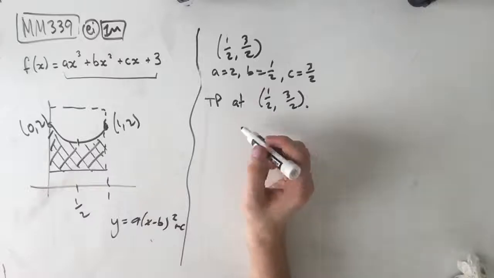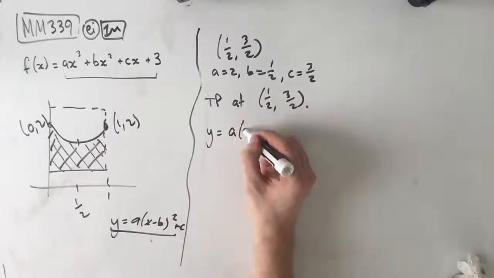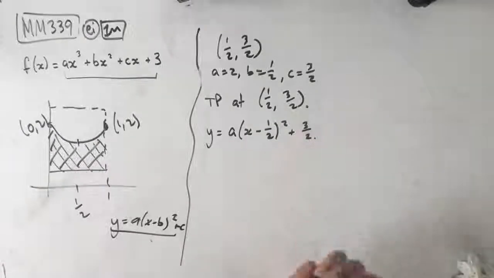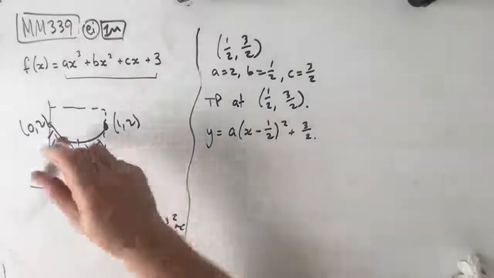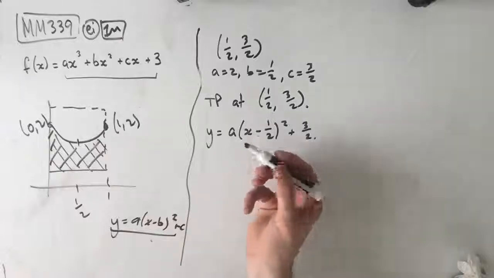So if it's in this form, then we can easily say that y is equal to a(x − 1/2) squared plus 3/2. Okay? So we can figure that out straight away. Now, it also tells us that these are the 2 points that it goes through, so we can sub in either one of these points to find what a is.